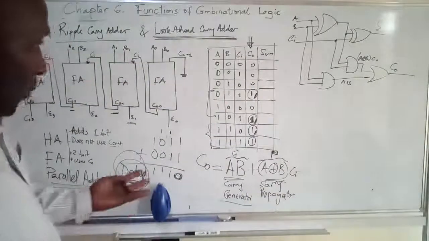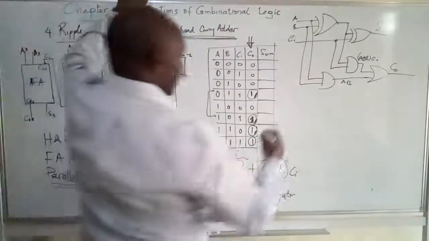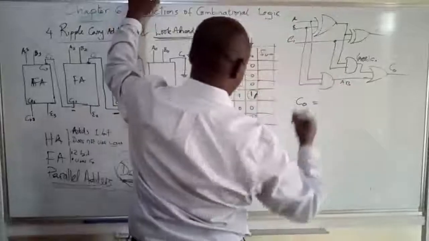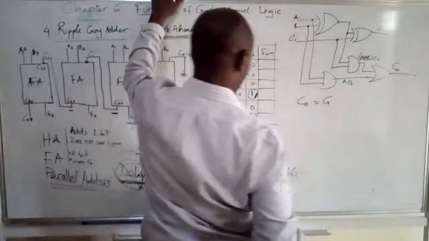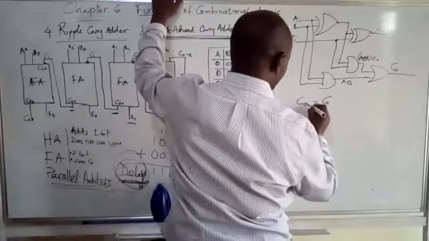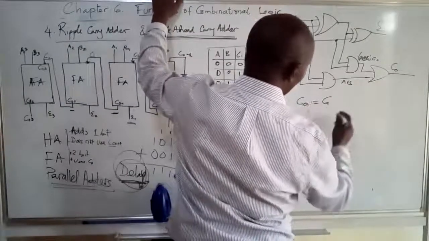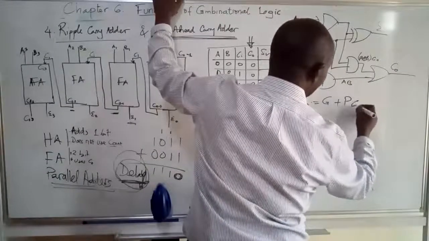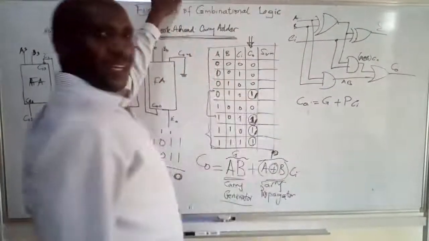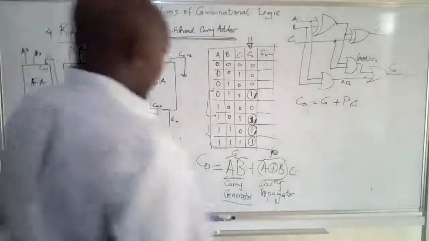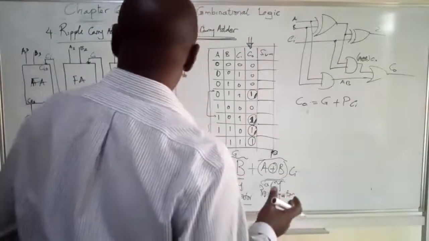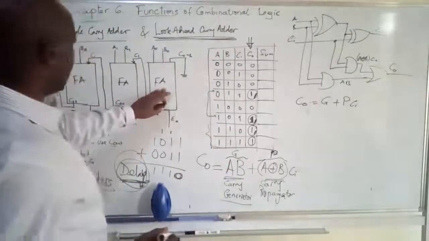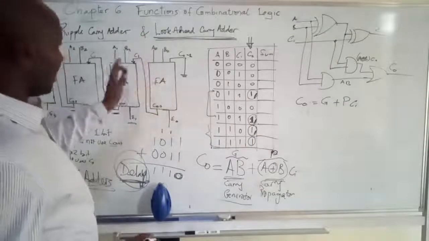Now, we can summarize this saying C out is equal to generator plus propagator C in. So this is the function we have now. So dear friends, we can also generalize the equation using the carry in and carry out.